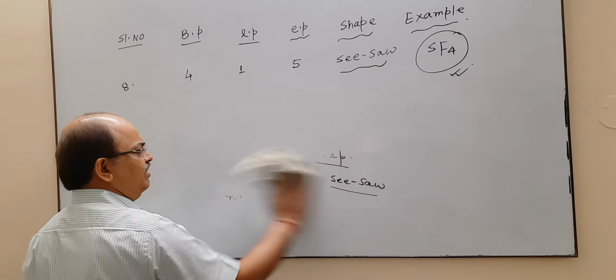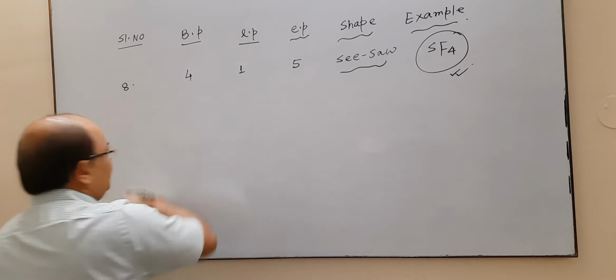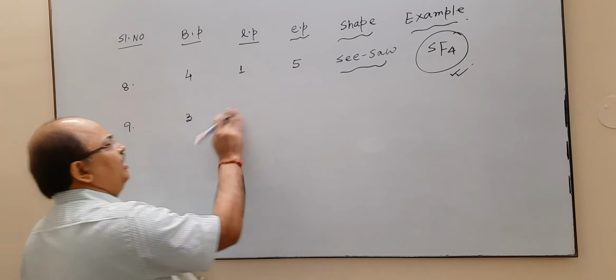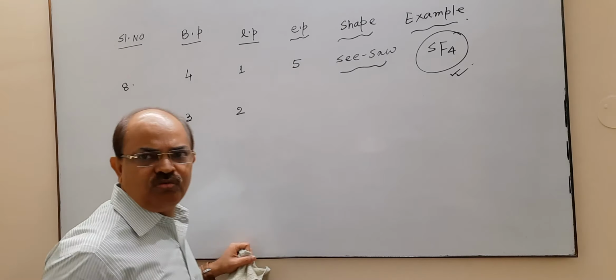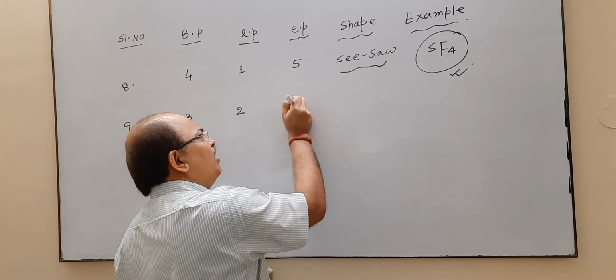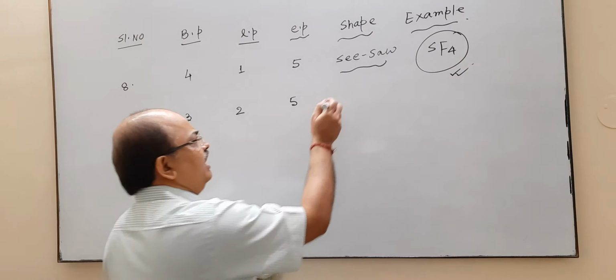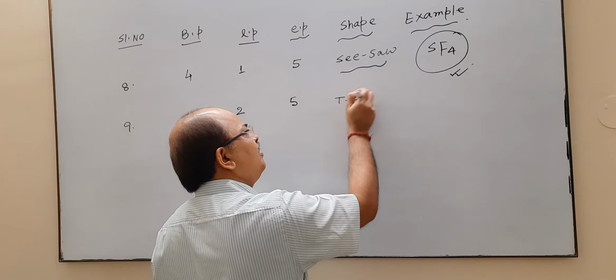So next is your serial number 9. We have bond pair 3 and lone pair 2. Again number of electron pair is 5, that is 3 plus 2, that is 5. Then it will be your T-shaped.